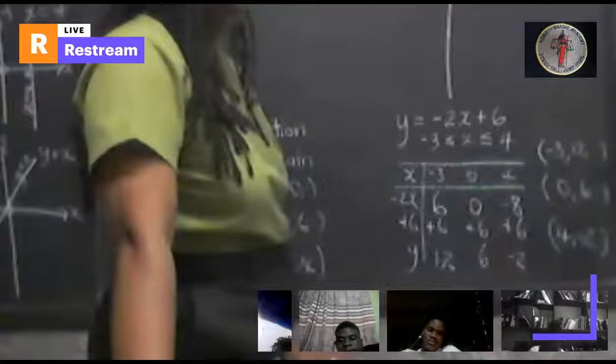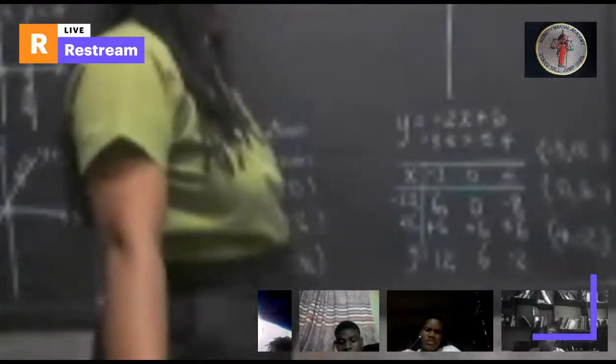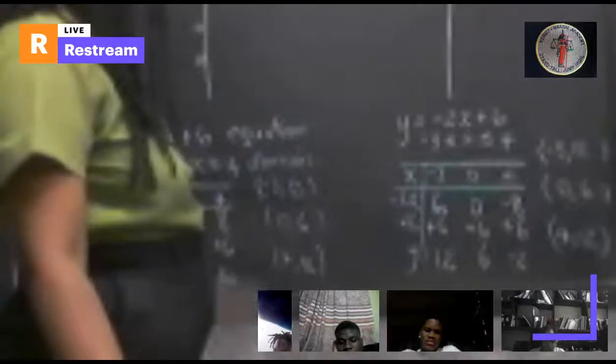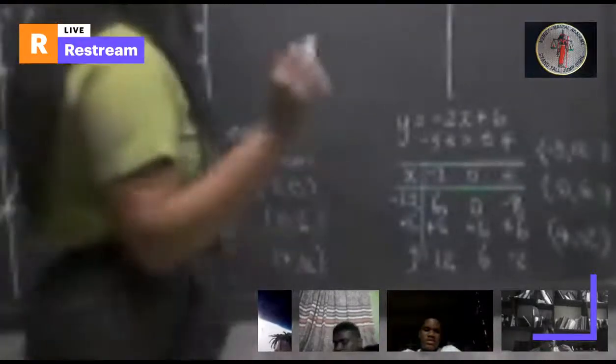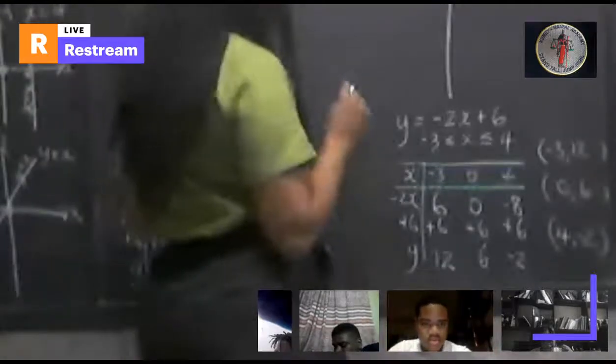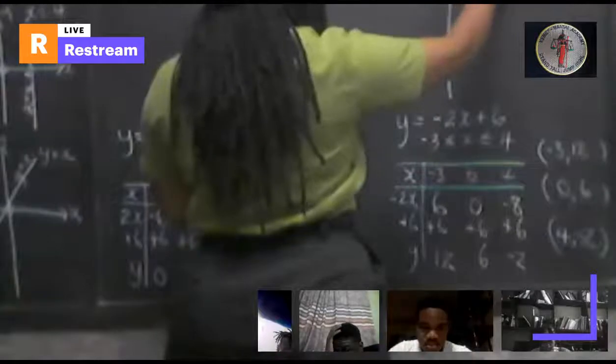All right, so I'm asking what's the gradient of this graph, this line here? 2x, miss? -2x. -2x. Miss, you asked for the gradient. So why are you saying x with it?